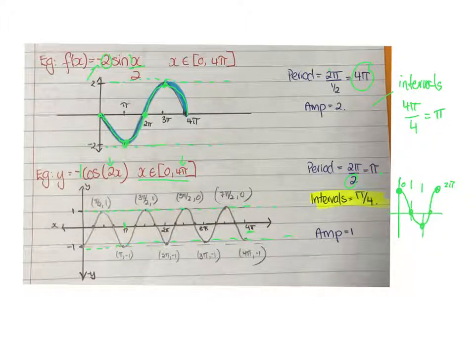So down here, the intervals on this cosine are at pi on 4. So you might just pop them all in, all the little intervals. So you can see here is pi on 4, and then another pi on 4 would be pi on 2, and so on. And that can make it easier.